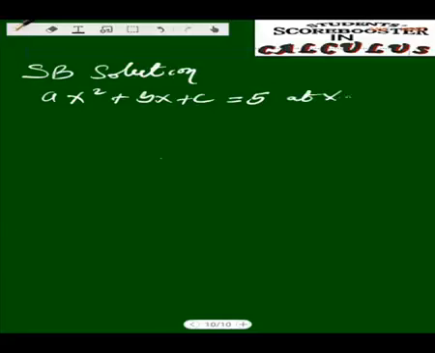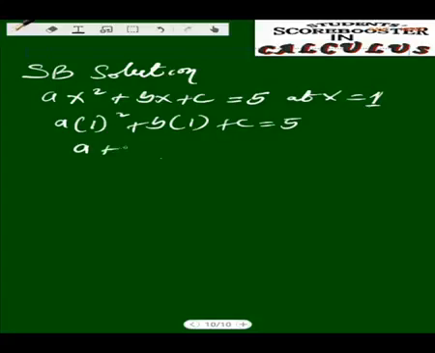Let me deal with this statement first. At x equals 1, I have a times 1 squared plus b times 1 plus c equals 5. So 1 squared is 1, so I have a plus b times 1, which is b, plus c equals 5. Ladies and gentlemen, let's take this as our equation 1.